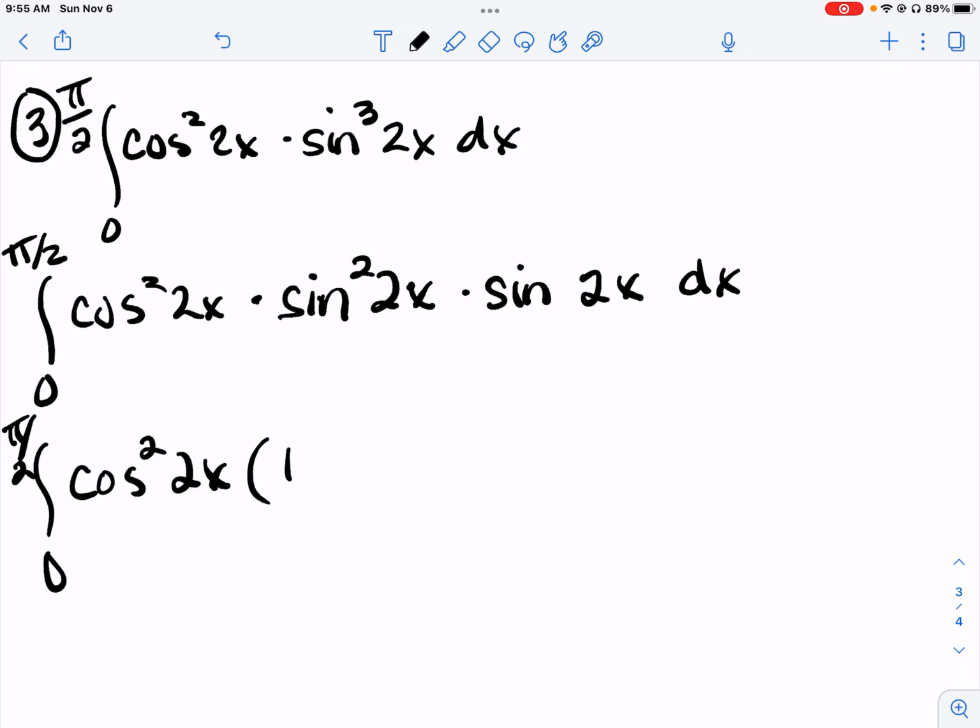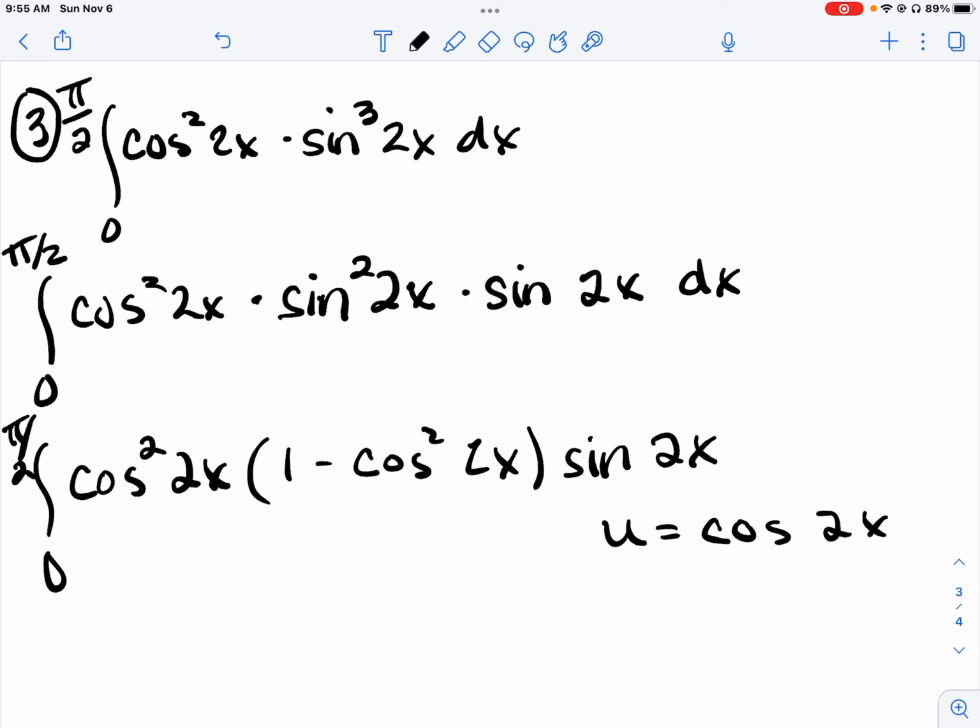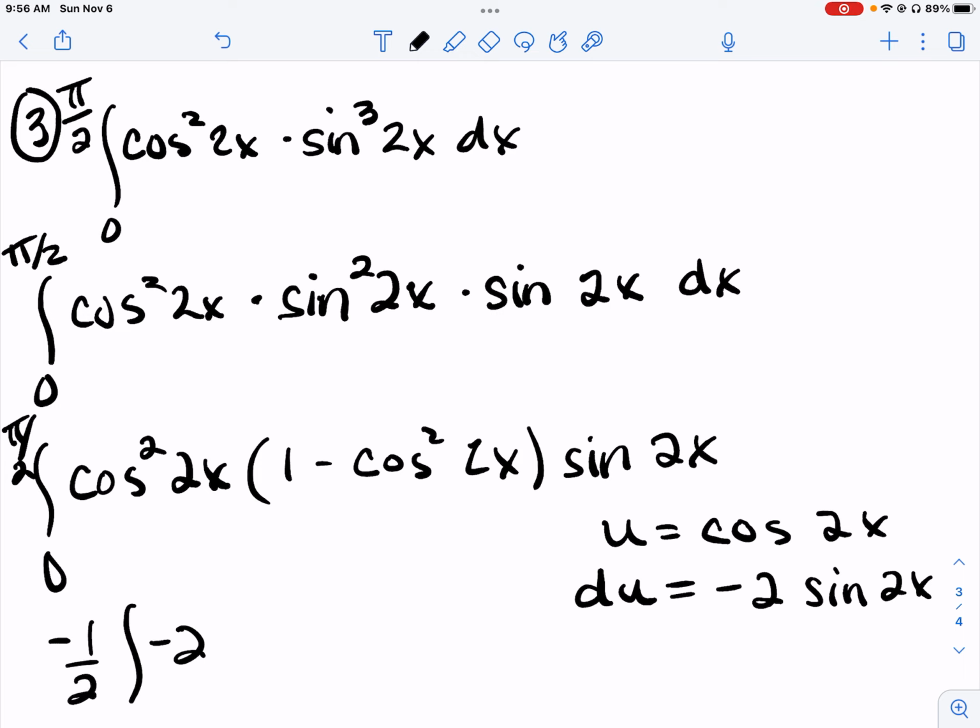Sine squared is equal to 1 minus cosine squared. Okay, we're going to let u equal cosine of 2x. du would be negative 2 sine 2x. Okay, so that means I'm going to multiply in a negative 2. Negative 1/2 on the outside.